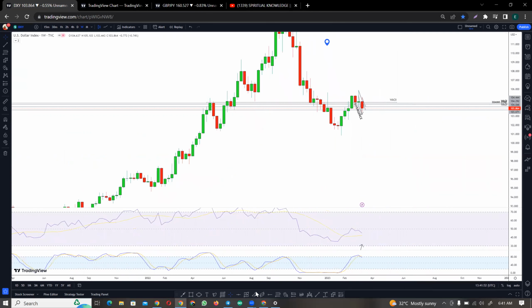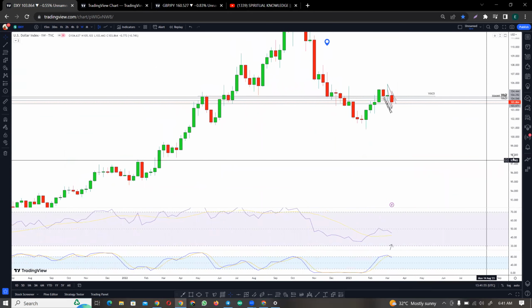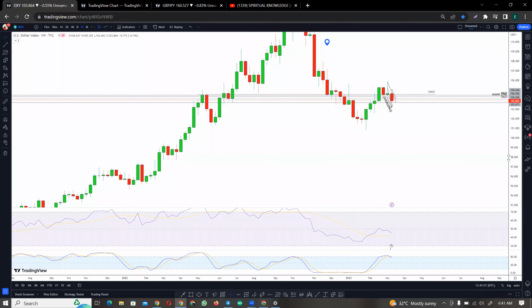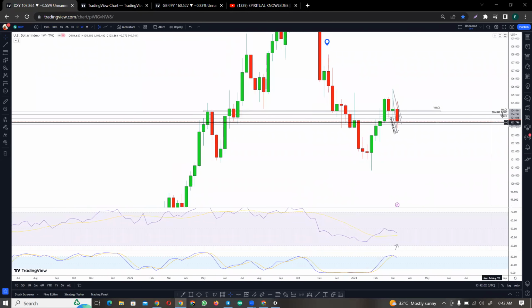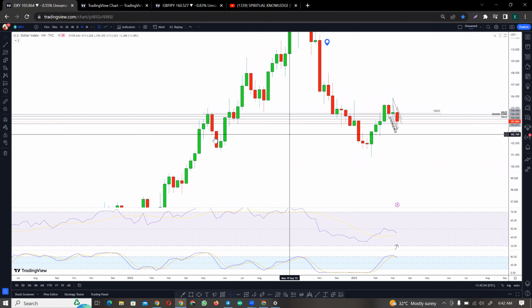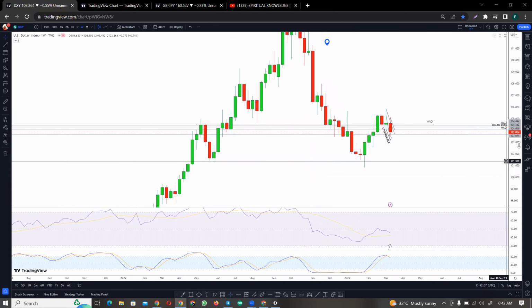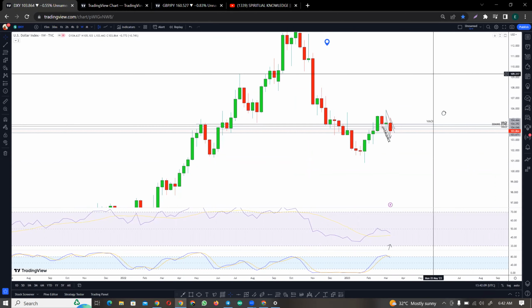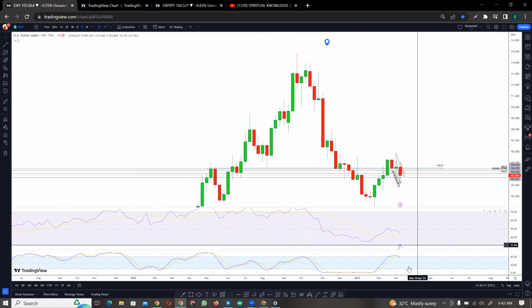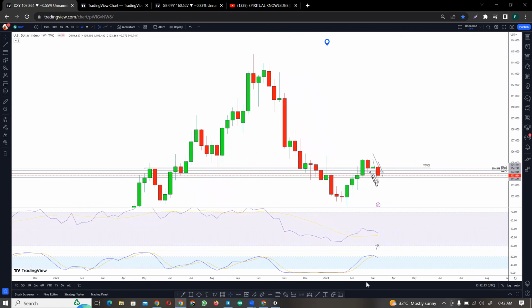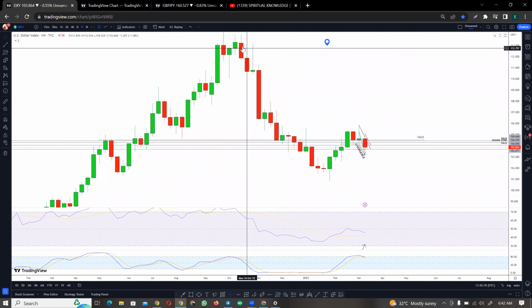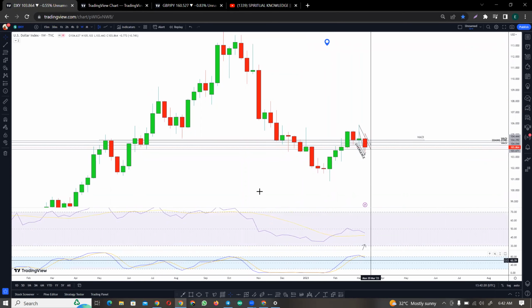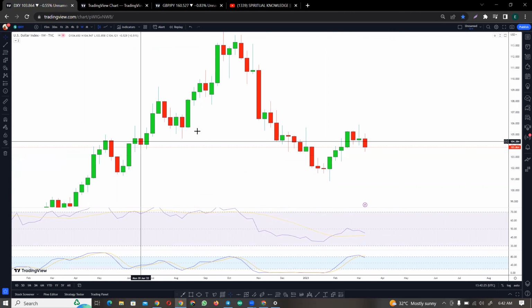So this is my DXY, looking at market structure and the rest. Looking at market structure on DXY. So all these things here on weekly, let me delete all this and start this thing afresh.